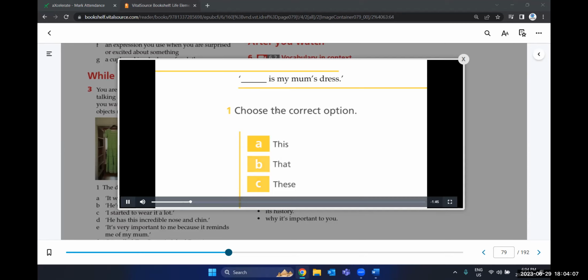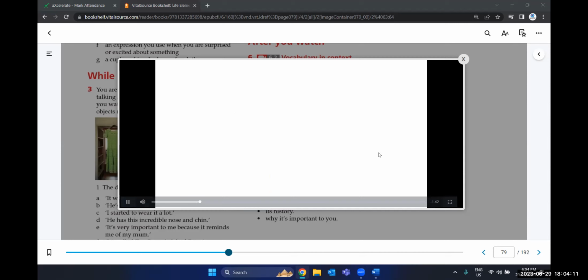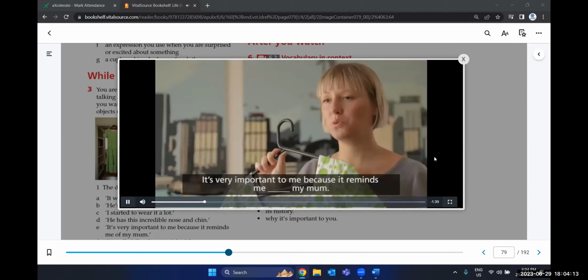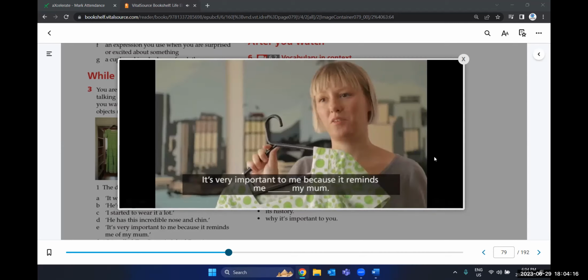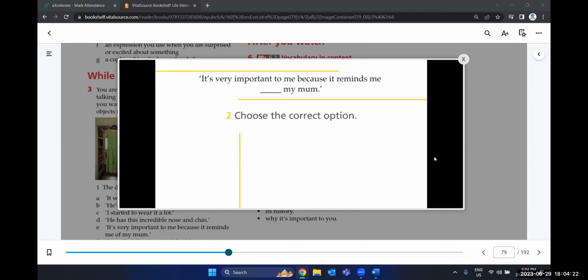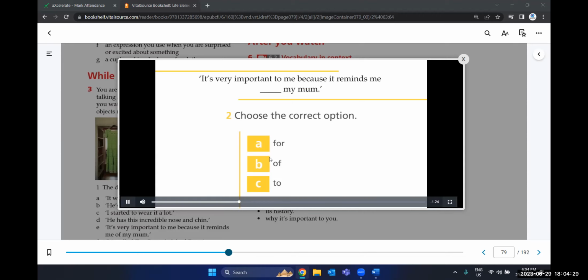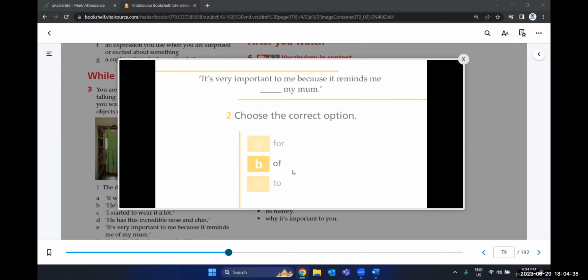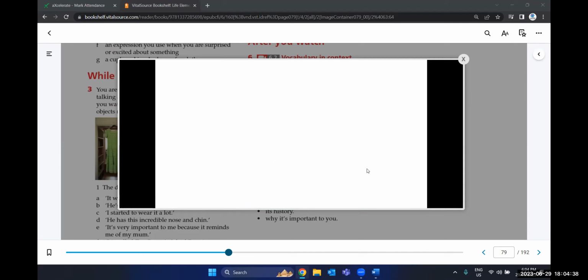This is my mum's dress. It's so important to me because it reminds me of mum. Number B. Of, it reminds me of. So the verb is to remind you or someone of.